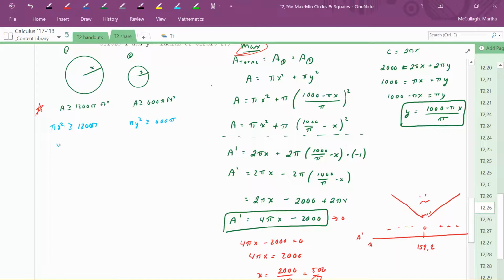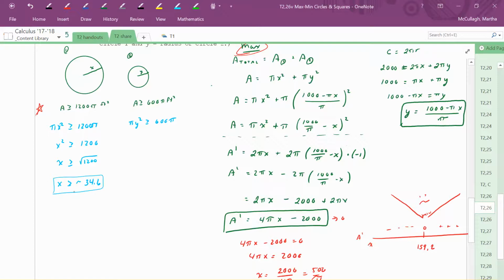Coming back to this one, x squared is greater than or equal to, dividing each side by pi, 1,200. x is greater than or equal to the square root of 1,200. I'm not going to take the plus or minus because a negative x value doesn't make any sense. So x is greater than or equal to about 34.6. So, all right, x needs to be bigger than 34.6. That's important.